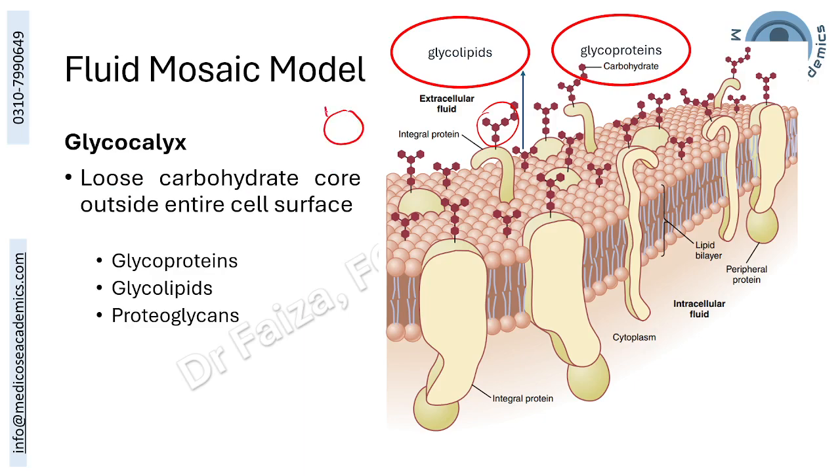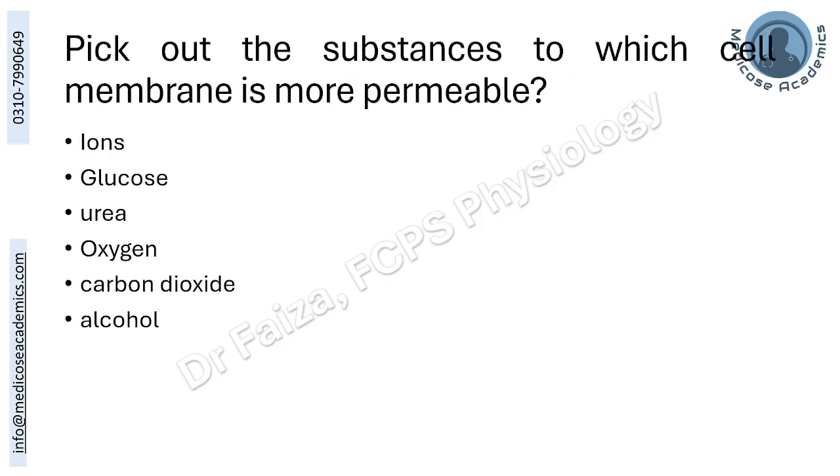The cell has carbohydrates attached either to the proteins or to the lipids, which in combination form this loose carbohydrate coat outside, called the glycocalyx. It will have not only glycoproteins and glycolipids but also the proteoglycans. As you know, the difference between glycoproteins and proteoglycans is the relative concentration of carbohydrates versus proteins.